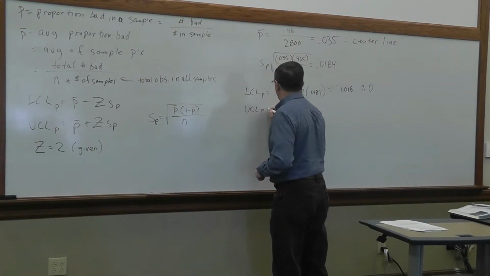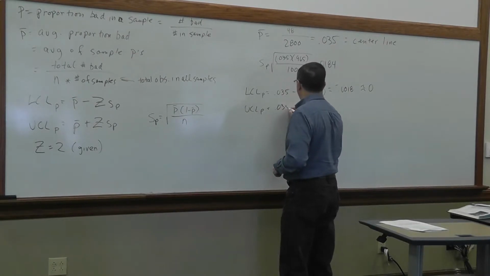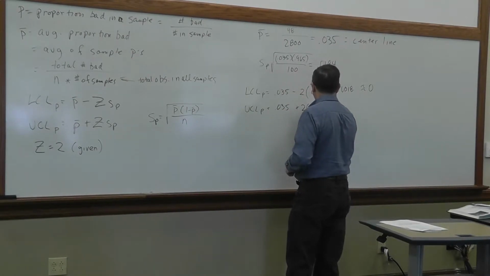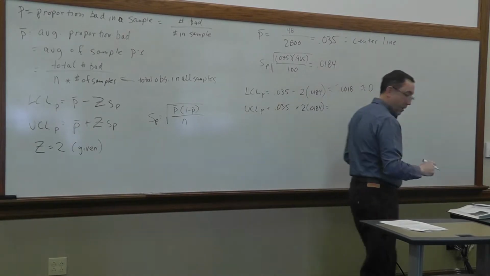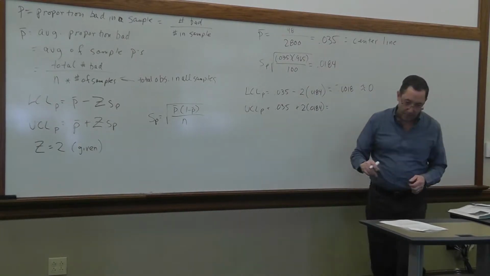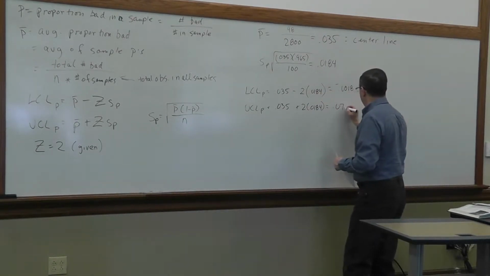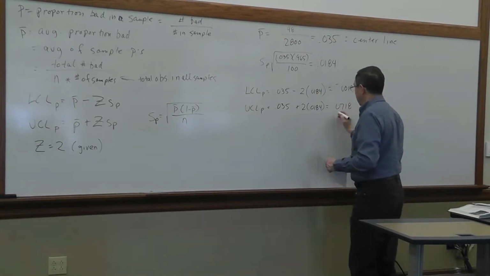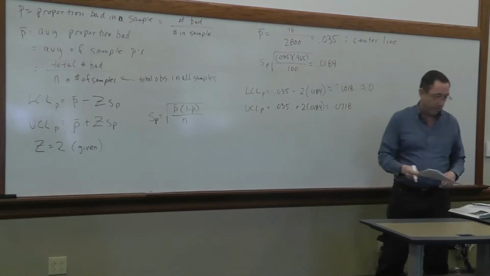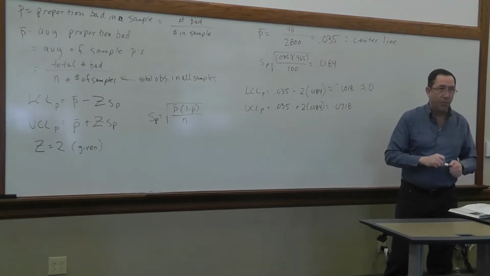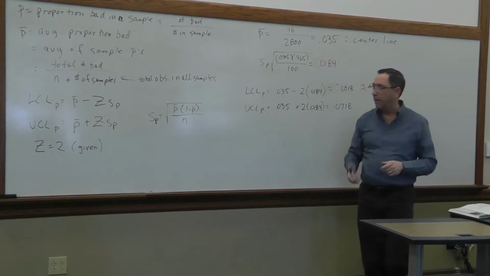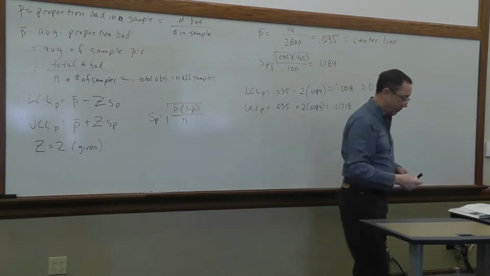The upper control limit for p, 0.035 plus 2 times 0.0184. And that's not something I'm going to do in my head probably today or any day. 0.0718 was the upper control limit that I came up with, and someone here is going to confirm that, and we're good.